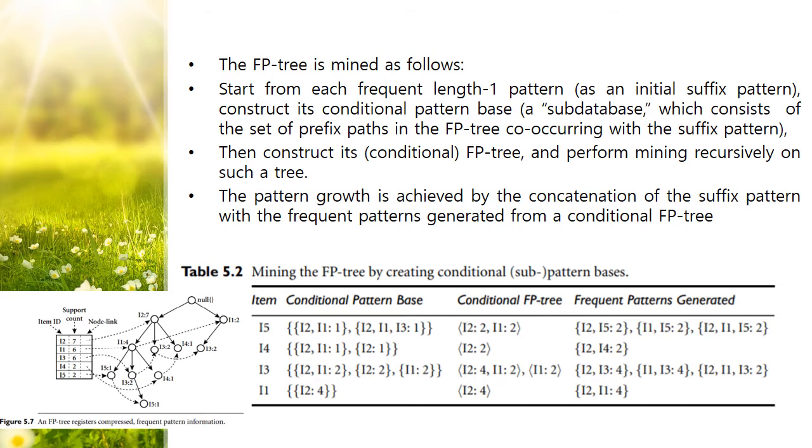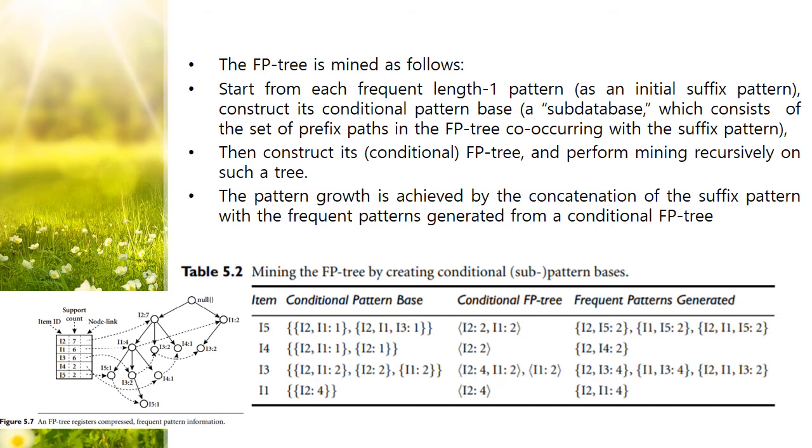In the same way we have to consider I4, I3, I1, etc. While we consider I4, we should not consider I5 again, because we have considered I5 in all the sets.